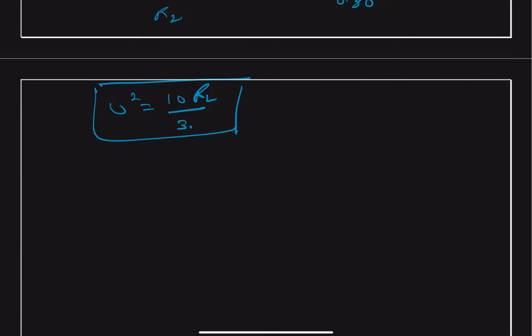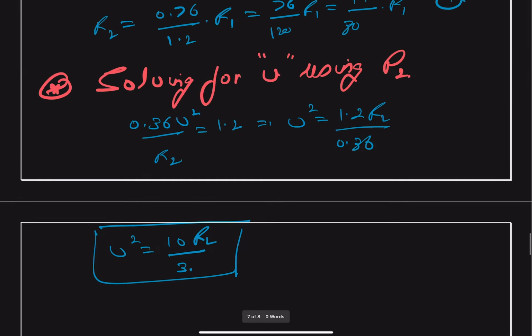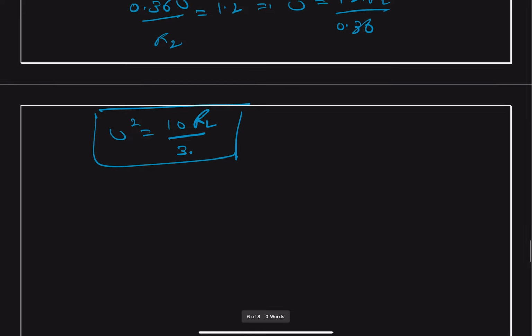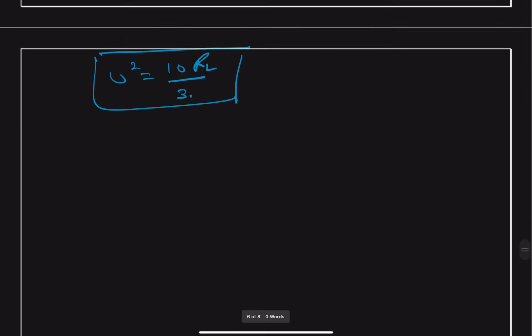Now if we substitute the value of R1, we already know the relationship between R1 and R2, which is equation number 4.